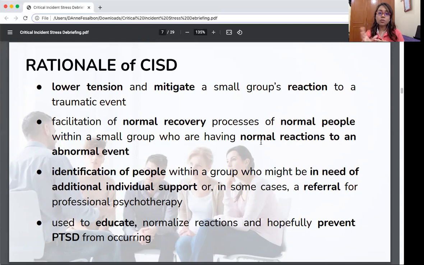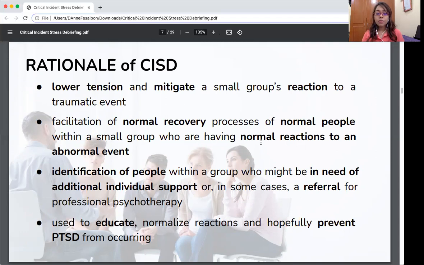And then there's also an identification of people within a group who might be in need of additional individual support. So when this debriefing is being conducted, there might be some people who may need some more additional support, or in some cases a referral for professional psychotherapy.